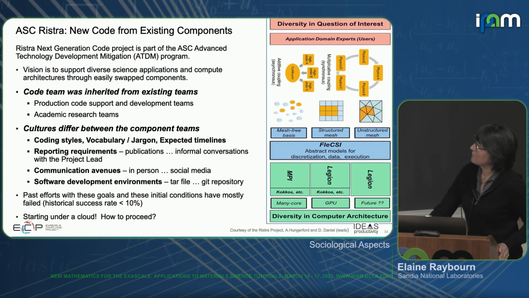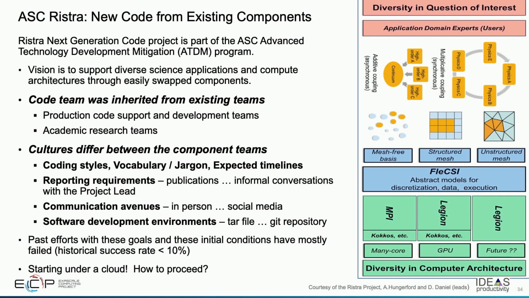This is an example from one of the projects, actually at Los Alamos. The key idea being here that this particular code team inherited each other. They came from existing teams, and so they had a lot of barriers that they had to overcome, a lot of notions that people brought with them to the team.